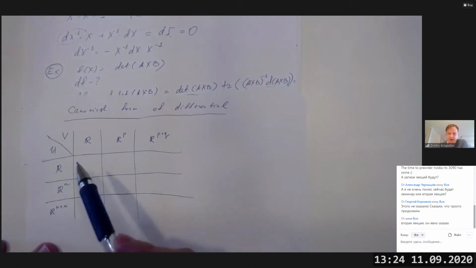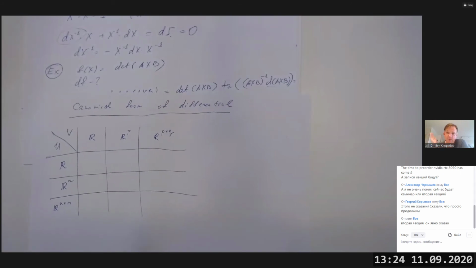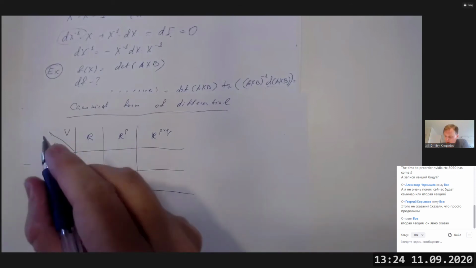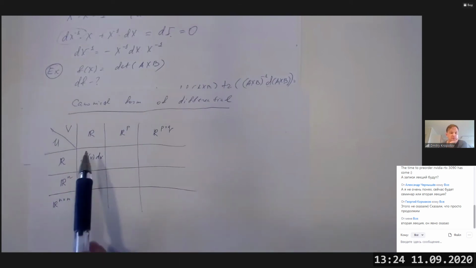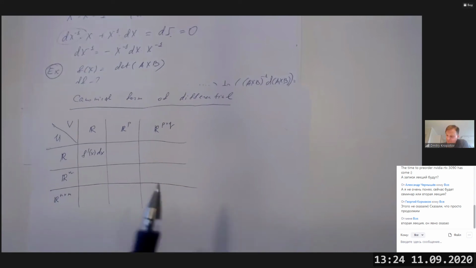So the first case is very simple. We have the common one-dimensional real valued function, and in this case, our differential can be expressed just like this. So this is just a product of usual derivatives times increment times dx.